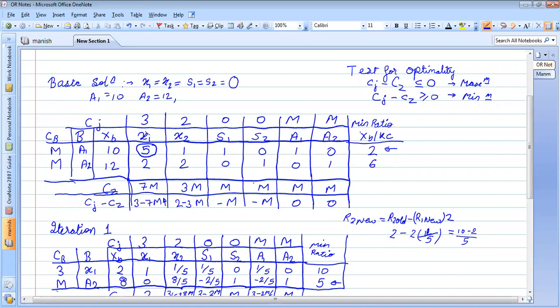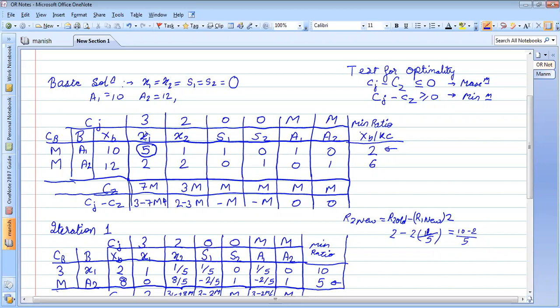Then we have to find the key row. This key column indicates that this variable is to be brought into the basic variables. Then, if this is to be brought into the basic variables, which basic variable should be removed from the solution?